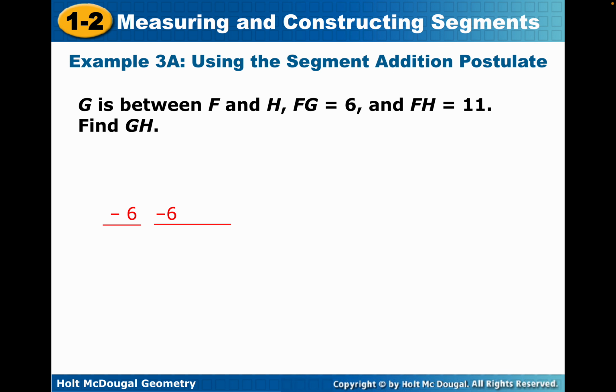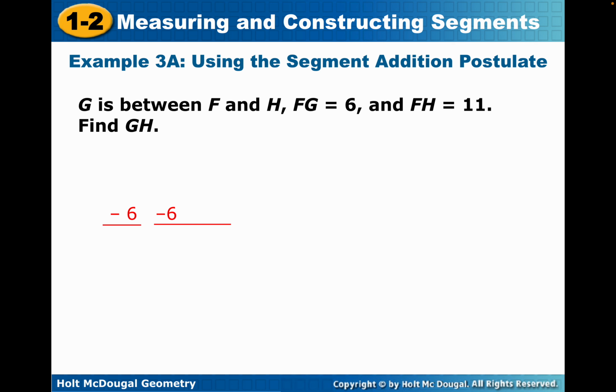So when we have this, if it tells us that G is between F and H, we can go ahead and draw out a line segment FH, and G is in between, so I'm just going to put it in the middle.